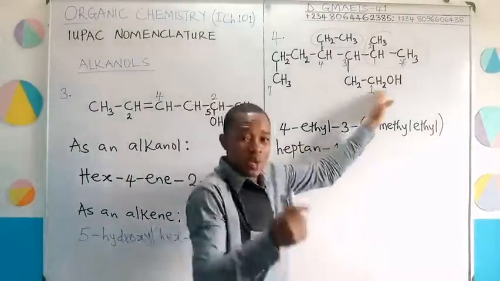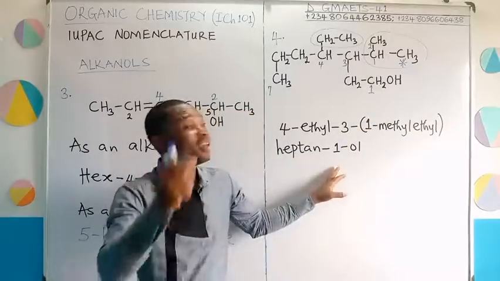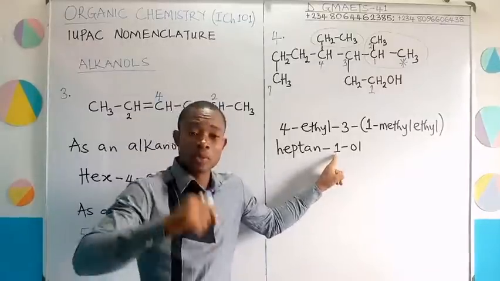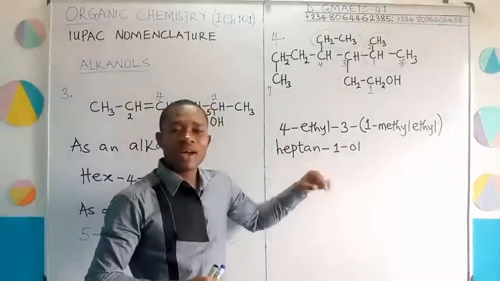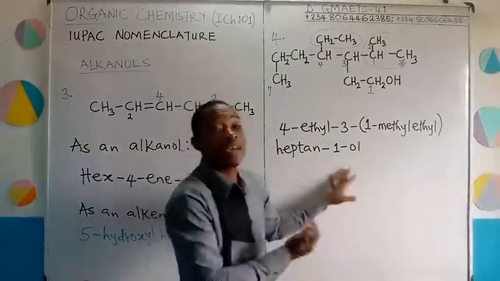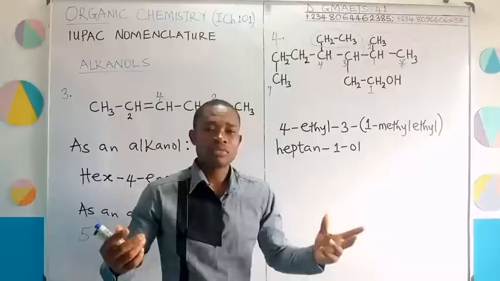Apart from that case where OH is on carbon number 1, every other case where OH is not on carbon number 1, you must indicate the position of the carbon bearing that functional group OH. Well, I am in no position to argue that this could still be heptanol instead of heptane 1-ol. It sounds reasonable.